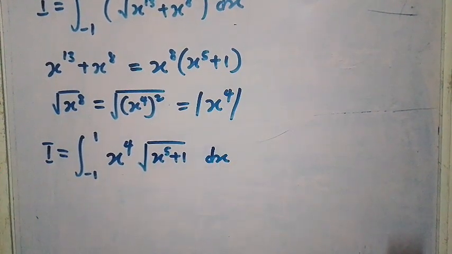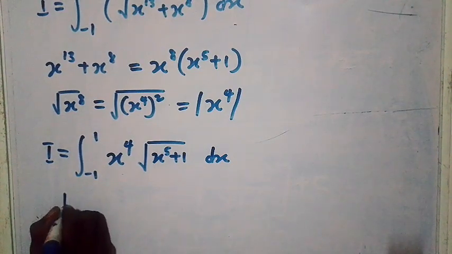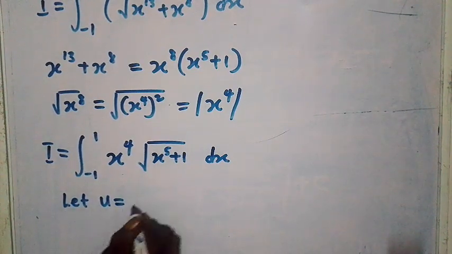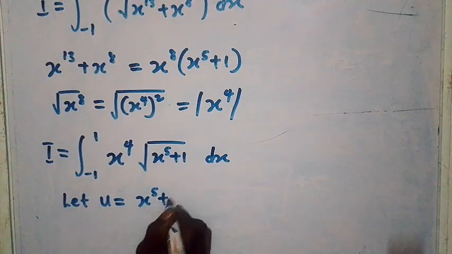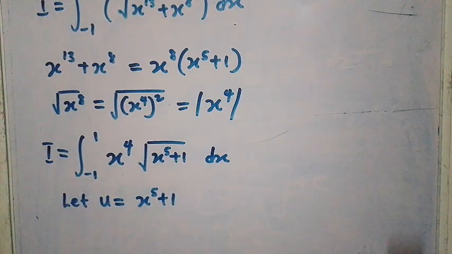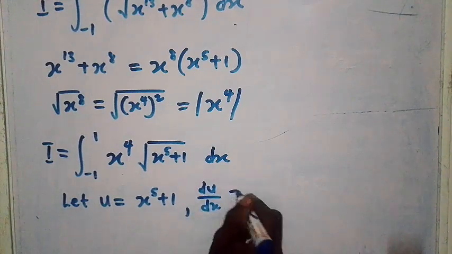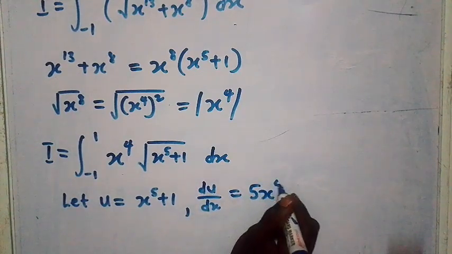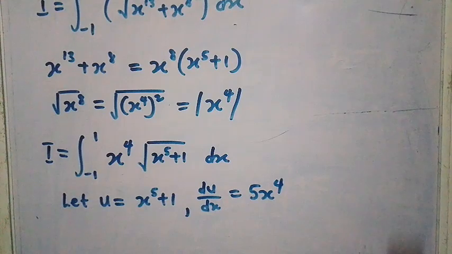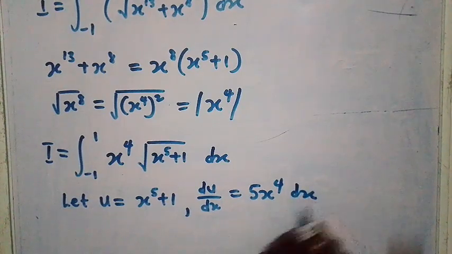dx. Using the substitution method, we let u equal x raised to the power 5 plus 1. Differentiate u with respect to x. The result equals 5x raised to the power 4 dx.